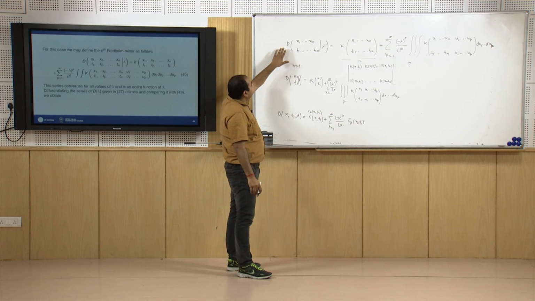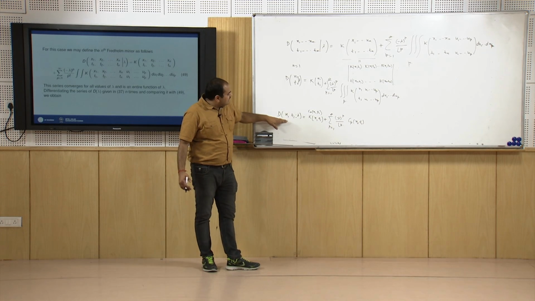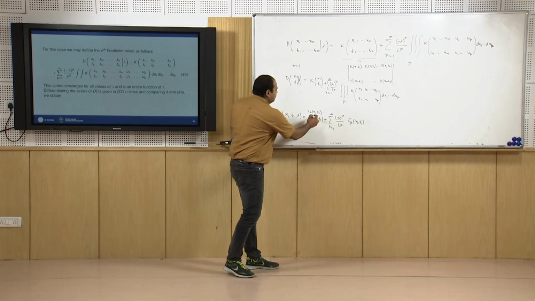So it means that the nth Fredholm minor is a generalization of this Fredholm minor for n equal to 1. So I can say that if we want to write it, this is equal to this.